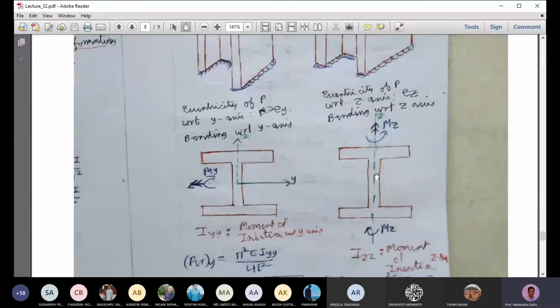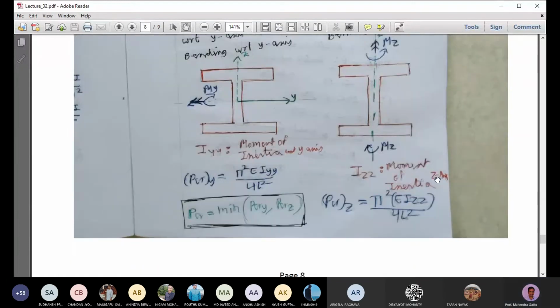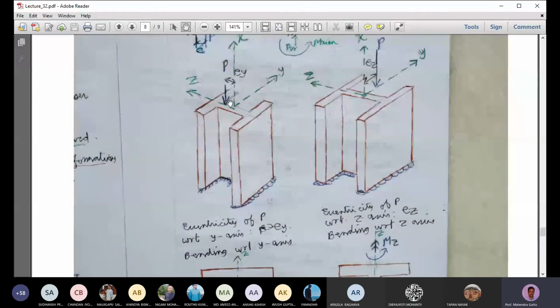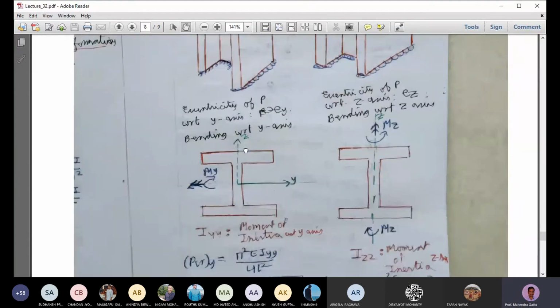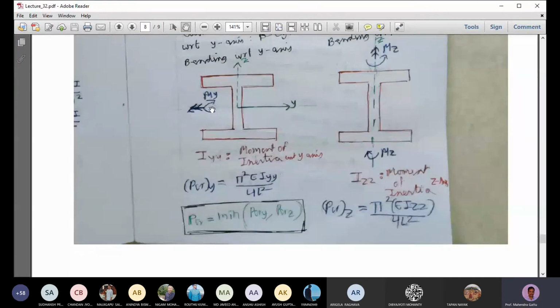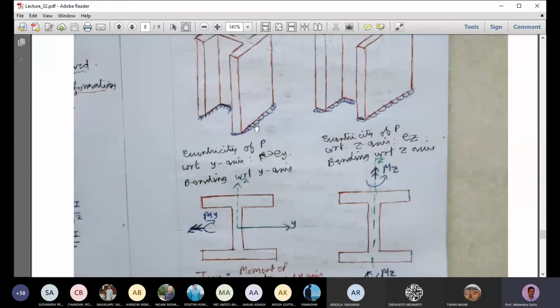So there will be two different critical buckling loads according to the eccentricity, whether the column is eccentrically loaded with respect to the y or with respect to the z-axis. So we can calculate the critical buckling load for eccentricity with respect to the y-axis: pi square E Iyy by 4L square, assuming there is fixity at the bottom and free at the top.